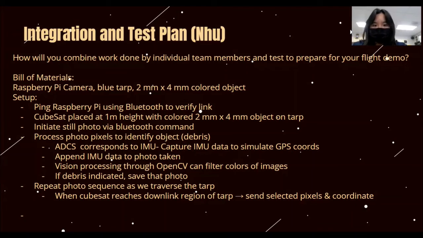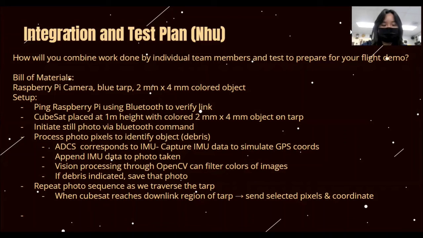The photo would be taken via Bluetooth, and then with the photos being taken, we'd process the pixels of that photo in order to identify debris and the colored objects within those photos. The ADCS is the equivalent of IMU in this case in our prototype, and we'd capture IMU data in order to simulate what would help us receive GPS coordinates to identify where the debris exactly is.